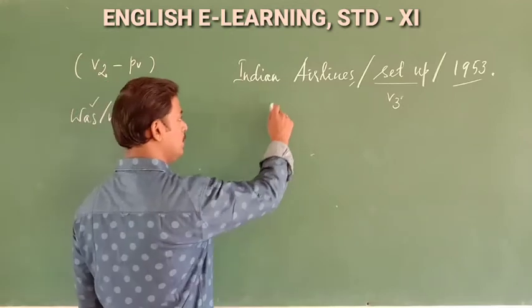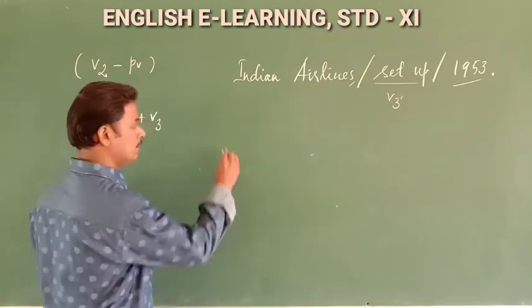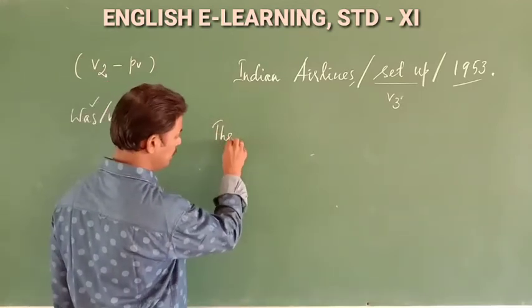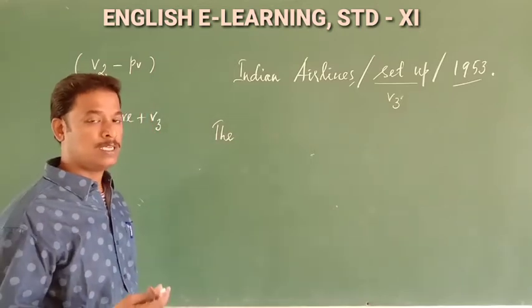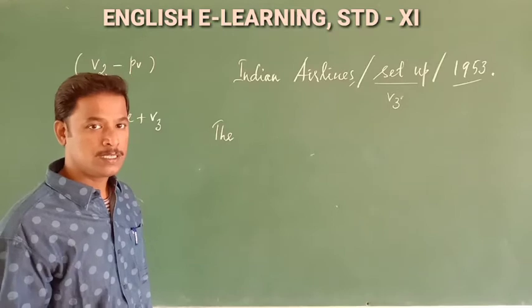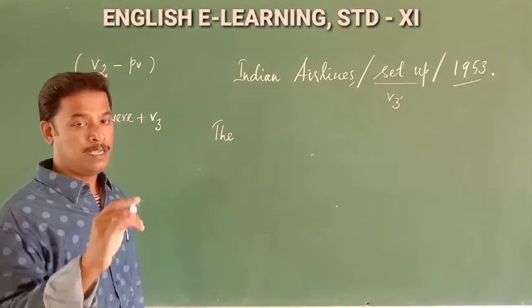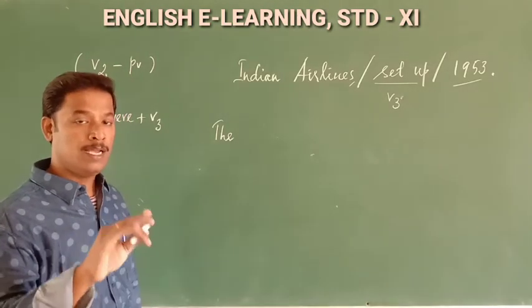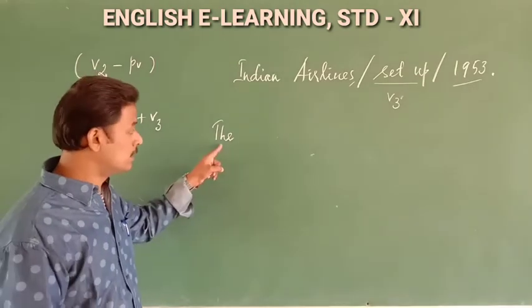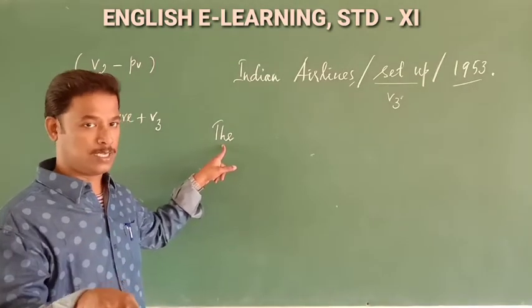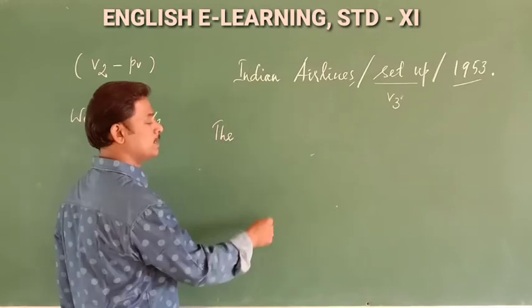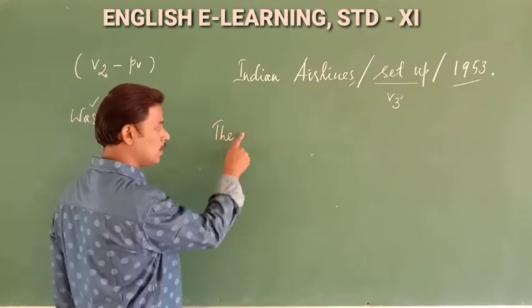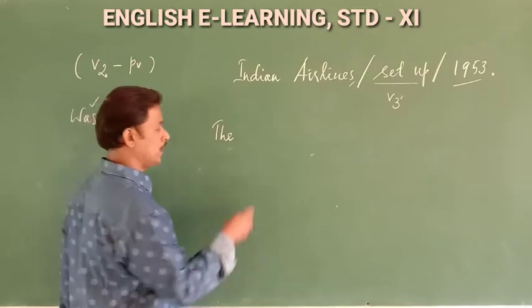And before that, for a famous place, we must use the definite article the. And what are the indefinite articles? A and an. The is the definite article. We are going to define the particular place. That is why this article is called definite article.